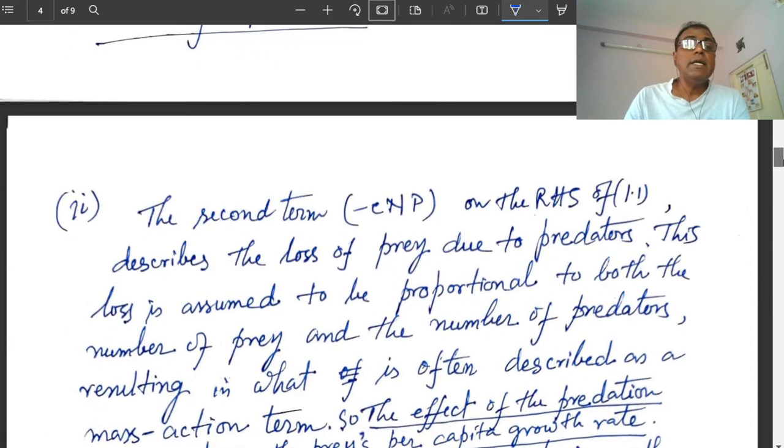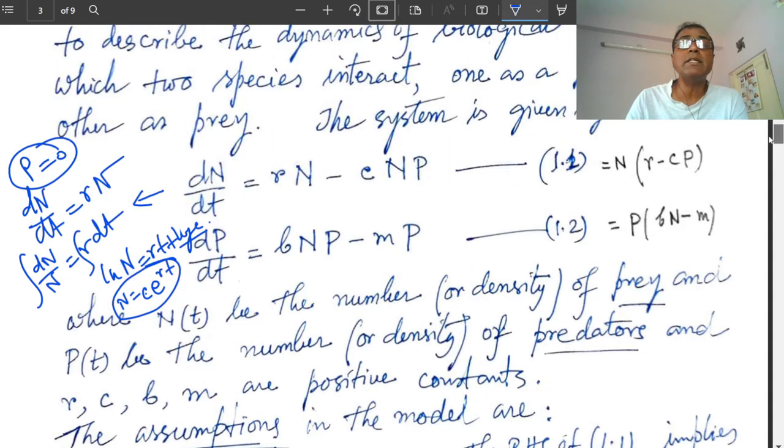And the second assumption: from the first equation 1.1, the second term is minus CNP.